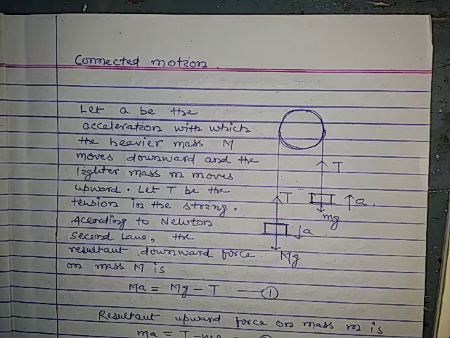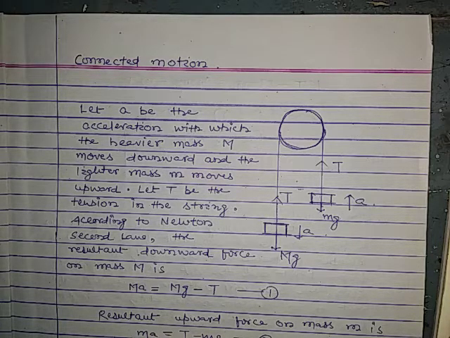First, the foundation. Take an inextensible string wound over a frictionless pulley. At the two ends of the string, the heavier mass M and the lighter mass m are connected.